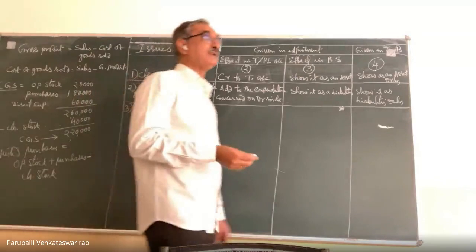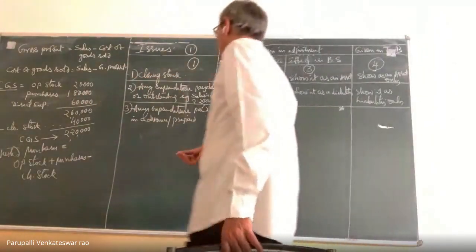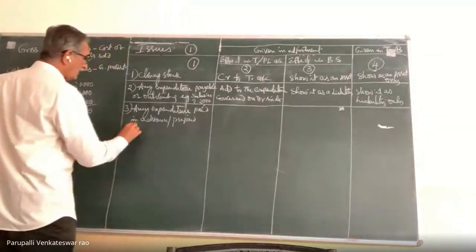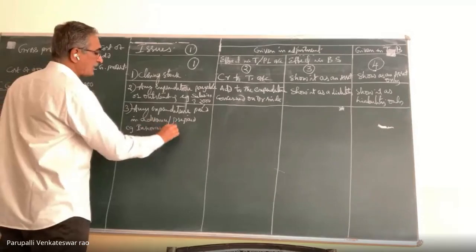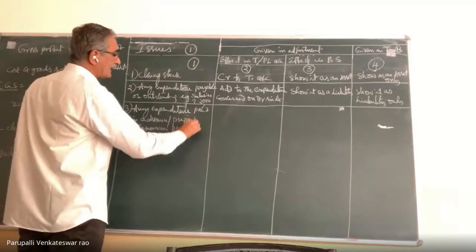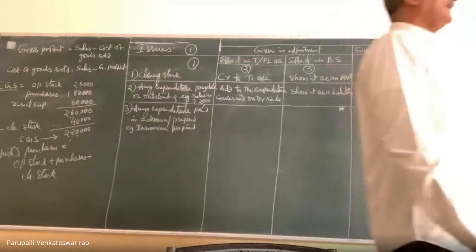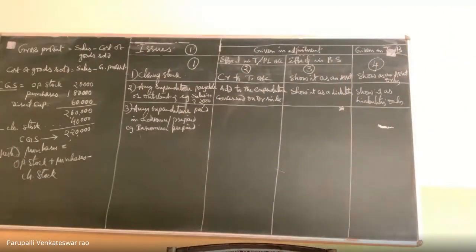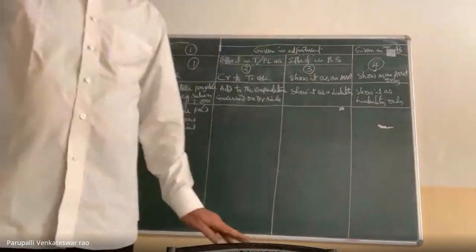Example, insurance prepaid. Prepaid means paid for the coming year. Suppose we are now in 2021, and you have paid insurance for 2022 also in advance. That is called paid in advance. Any expenditure paid in advance.